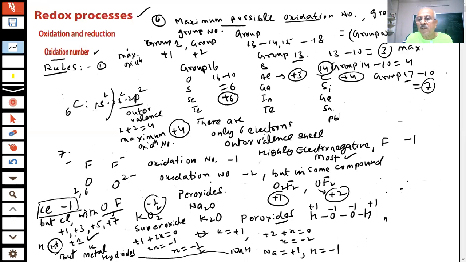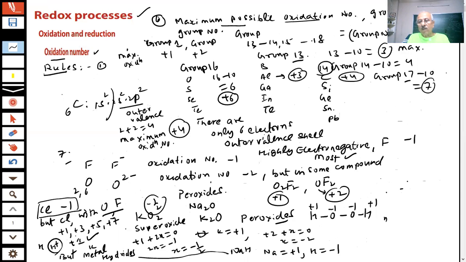Maximum oxidation number of group 13 is +3, and for group 14 is +4. And for group 16, how much? Maximum oxidation +6, and for group 17, +7. So there is a connection between group number and maximum possible oxidation number, students.